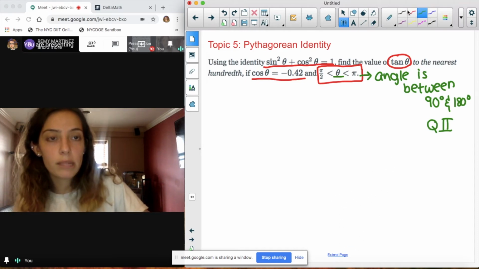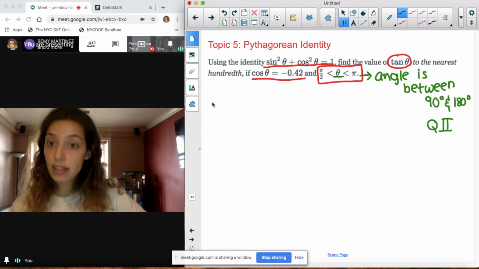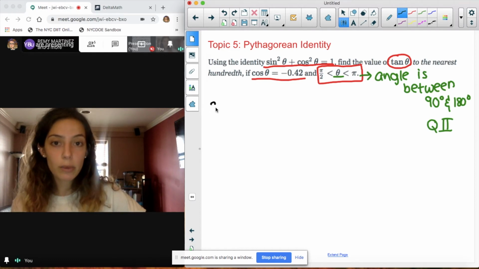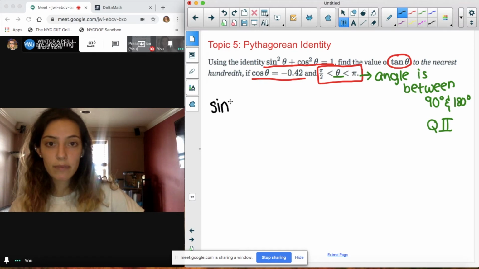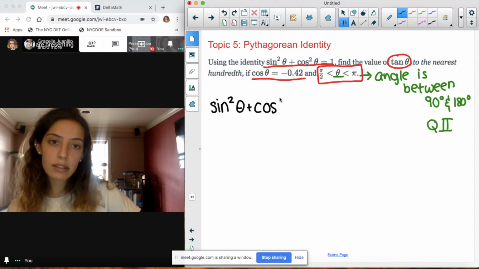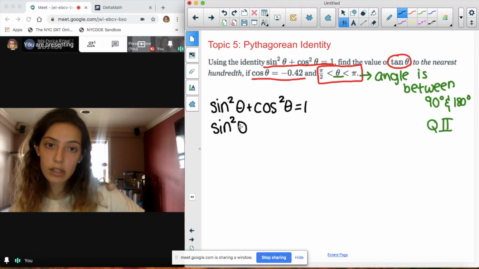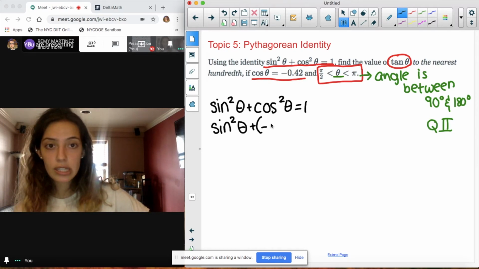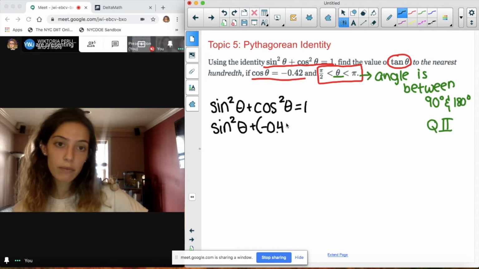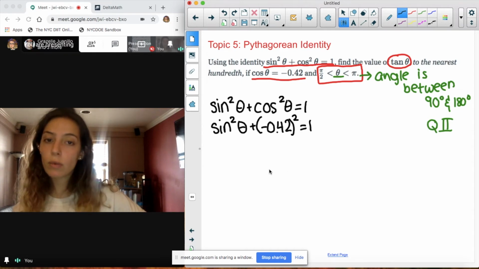So, getting to the problem, it says using the identity, so that's what we have to use. We have to use sine squared theta plus cosine squared theta equals 1. We don't know sine, but we know cosine. So sine squared theta plus, we're going to plug in cosine, which is negative 0.42 squared equals 1.